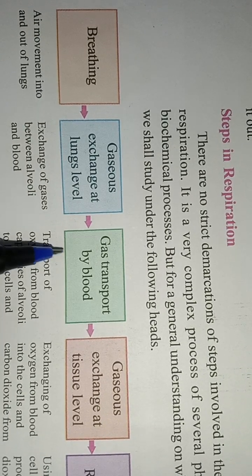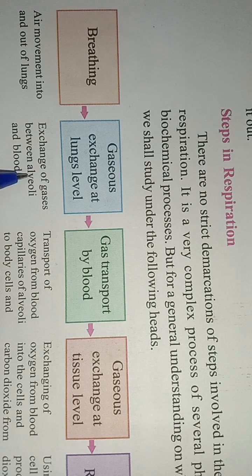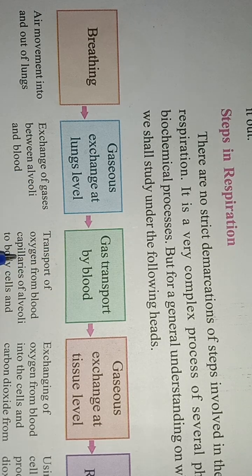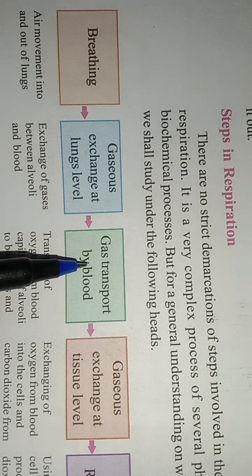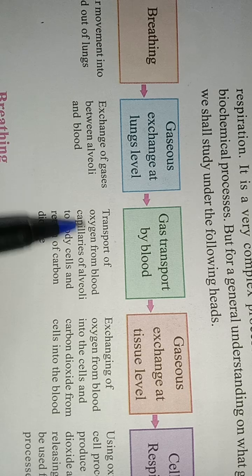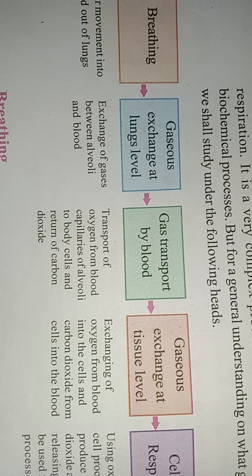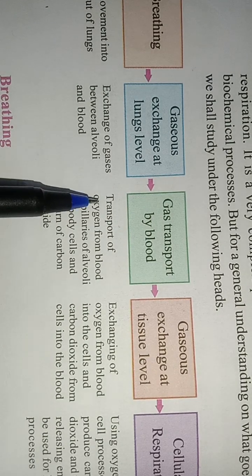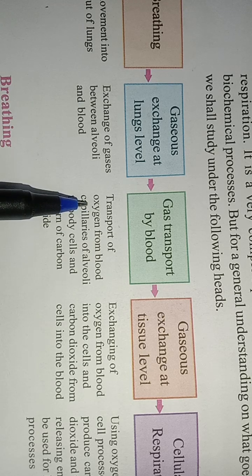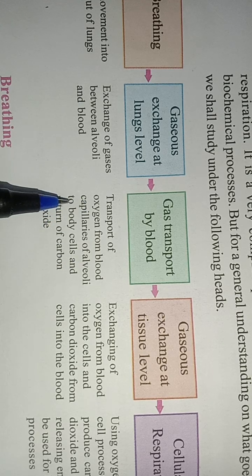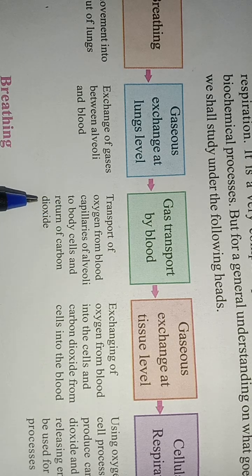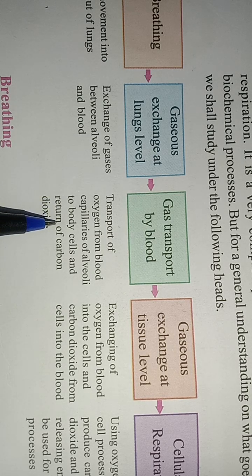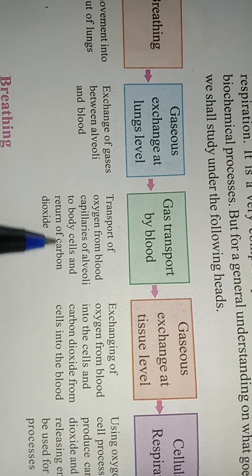Next, gas transport. After oxygen mixes with the blood, it should go to all parts of our body, right? All the tissues use this oxygen continuously. See here, transport of oxygen from blood capillaries of alveoli to body cells and return of carbon dioxide. Oxygen is transported by blood to all parts of our body, where cells take the oxygen, use it continuously and release carbon dioxide.